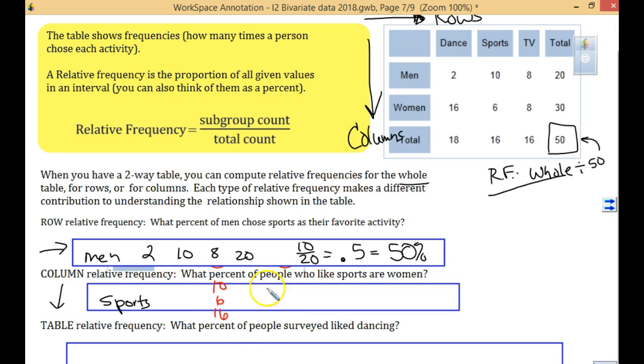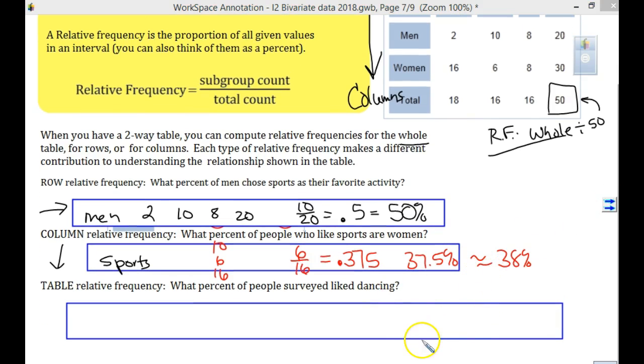Which means if I am looking at people who like sports and are women, I am taking 6 on my calculator and dividing it by 16. So please write the fraction first and then put the decimal, which comes out to be .375. Thank you. And now it said what %? So 37.5%. I had someone say, can I round it and put 38%? And you'll see that sometimes we just need those percents to add to 100, so you just have to be careful how you're rounding.